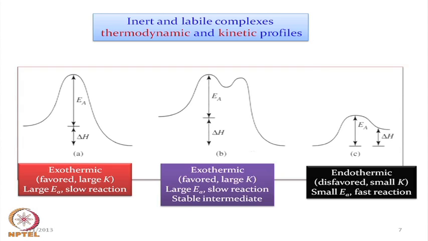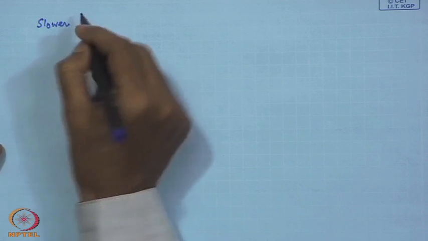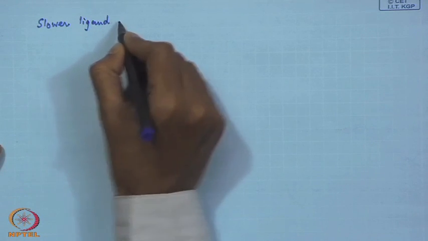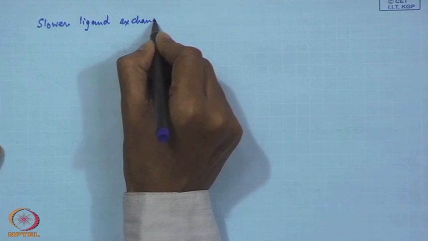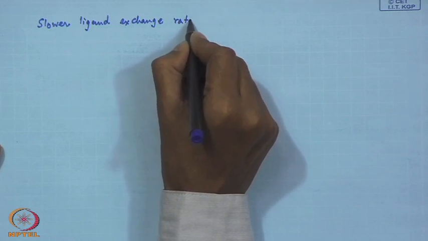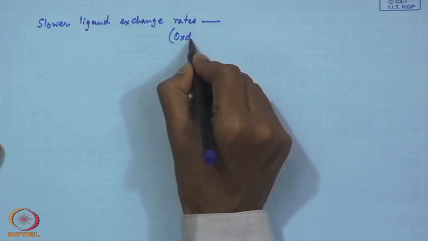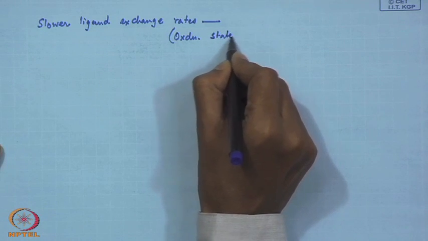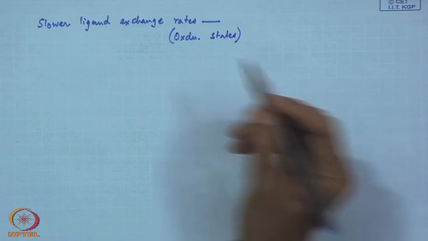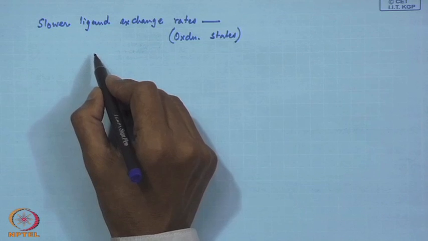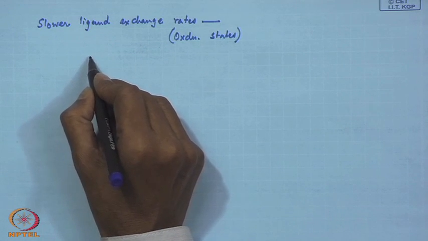So, if we have certain reactions, we can consider some slower ligand exchange rates, which are dependent on the oxidation states. Depending upon the oxidation states, we have a very slow ligand exchange rate compared to the rate of water exchange and other ligands.